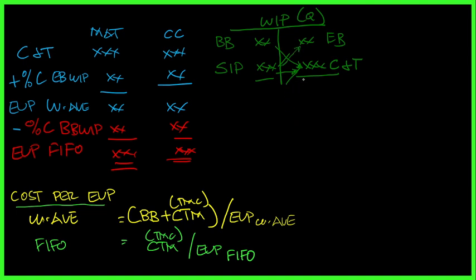Okay, so etong part na to, this part right here, what was started, completed, and transferred for the period. Kailangan kasi yan, no, if you're going to compute for the EUP, FIFO using the previous approach, if you're not using this approach, kailangan mo to. Ano to? This is your started, completed, and transferred.